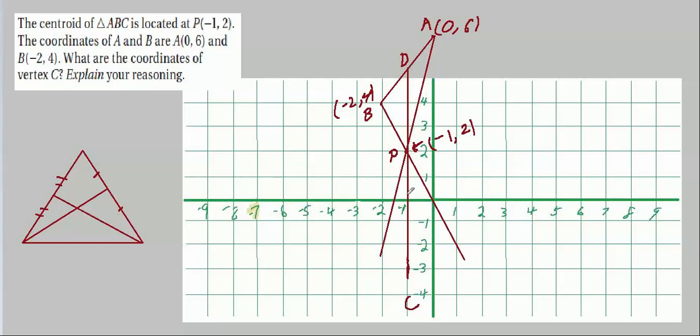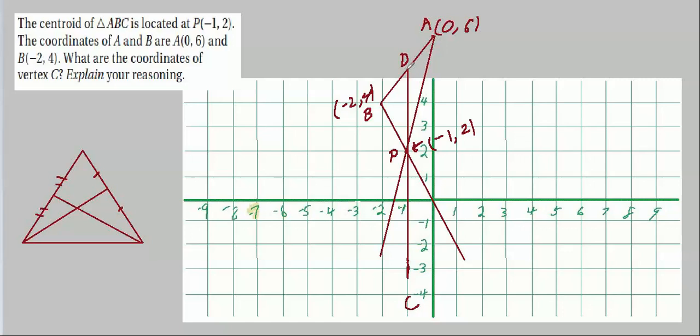that's really important that we're going to use to figure out where C is. This median goes from C, the vertex, to the midpoint of AB. So all we have to do to get started is figure out what D is. We find the midpoint. Once we find that, we can figure out what our line is, because we've got a point here, and then we've got point P is already given to us.